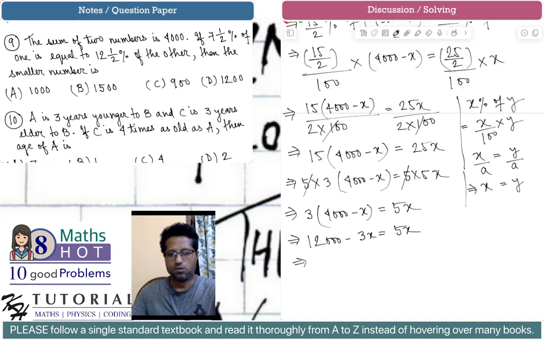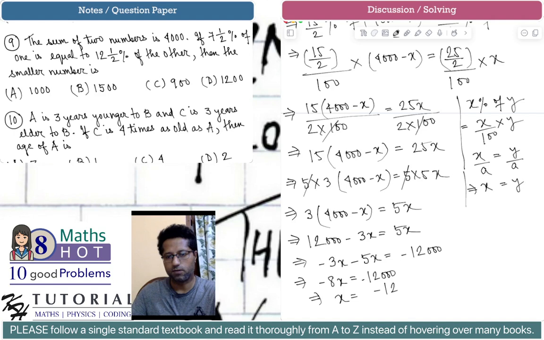So I will have minus 3x minus 5x is equal to minus 12,000. This implies minus 8x is equal to minus 12,000, so x is equal to minus 12,000 divided by minus 8.